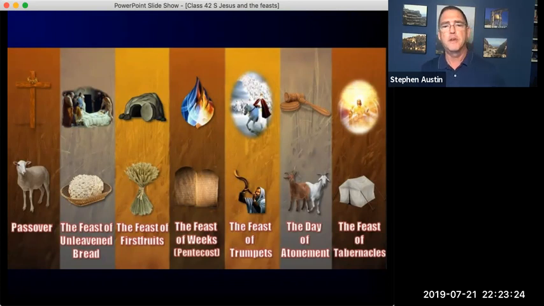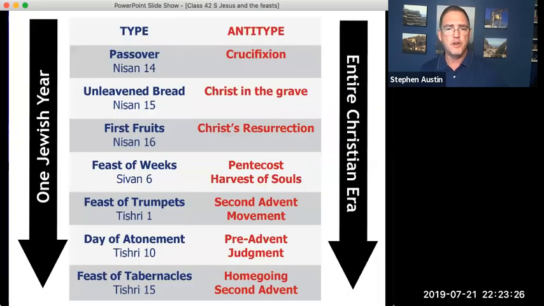Okay, so let's begin. Here's another comparison that has to do with the Jewish calendar and the entire Christian era. It's a different way of looking at it where you say, okay, usually these feasts all happened in 1 year for the Jews. But when we think about the time of the church over the centuries, then these feasts for the Jews can be connected to different key events in Christian history.